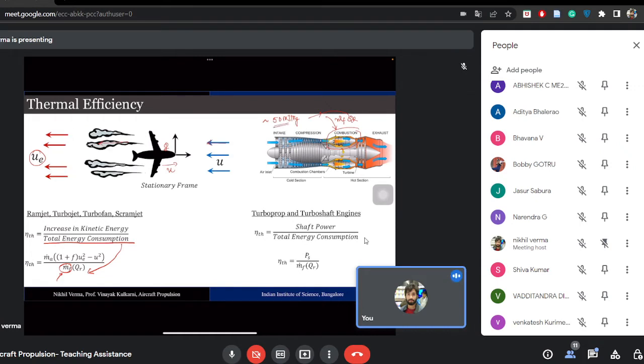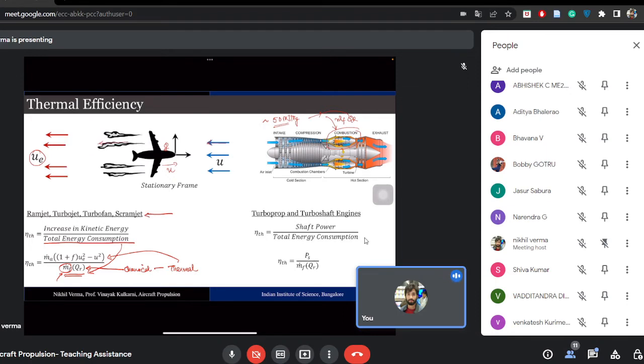So how much chemical energy you are spending, which is getting converted into thermal energy and being utilized to increase the kinetic energy of the flow. This is defined only for ramjet, turbojet, and turbofan engines, because you have a jet that is helping the aircraft to propel the vehicle.